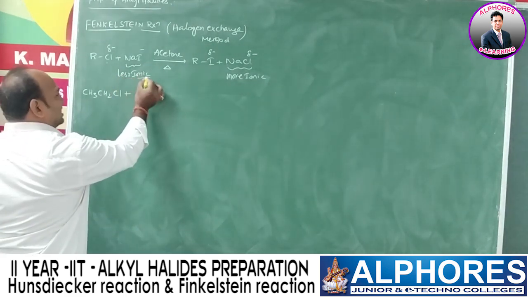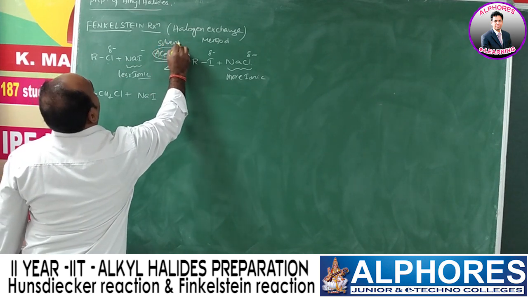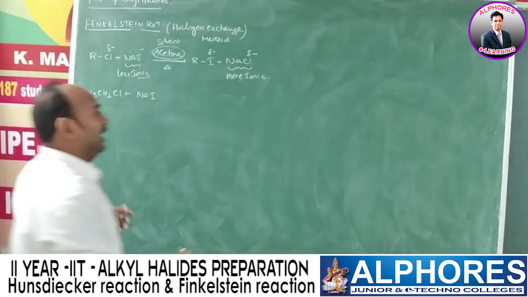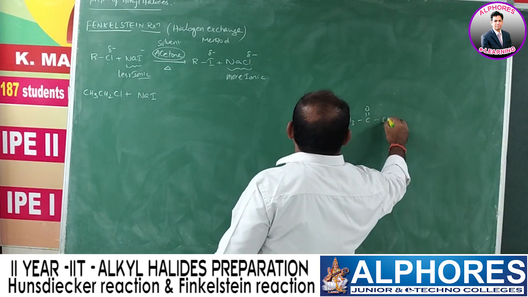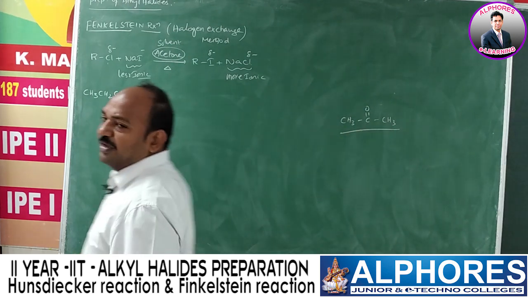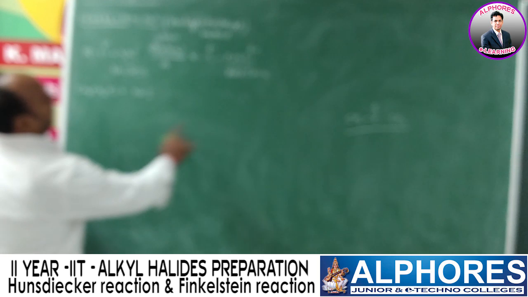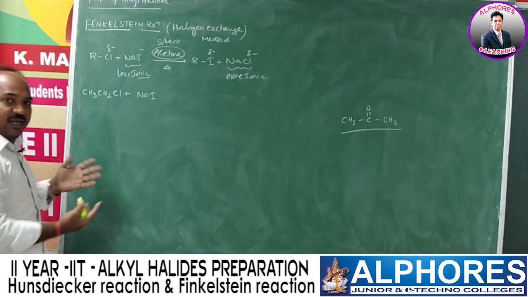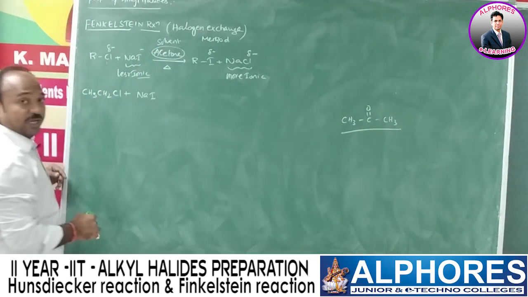Let us see here. Being less ionic, I am going to use acetone as a solvent. Acetone is a non-polar solvent. As we know, acetone is CH3, C double bond O, CH3, 2-propanone, which is an organic compound, a non-polar solvent, in which alkyl halide, basically a non-polar compound, can dissolve.